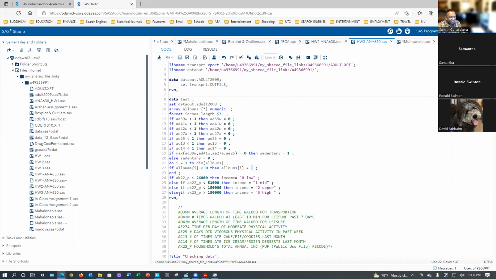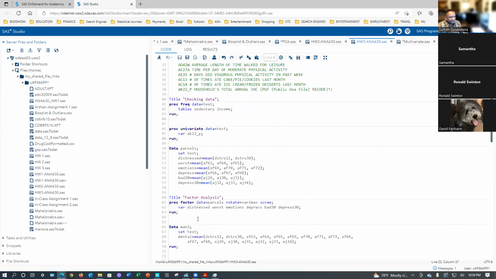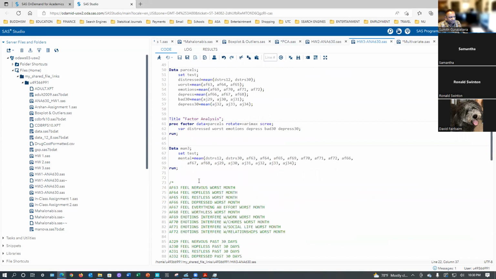And income, I'm going to group into low, middle, and high, like that. Then I got this one too. I parceled this the same way. We already have those variables from the previous homework.